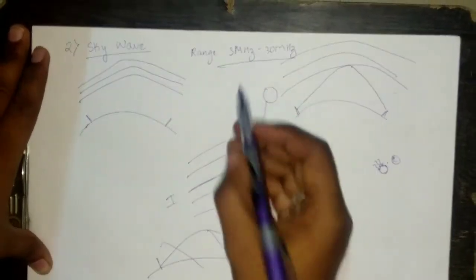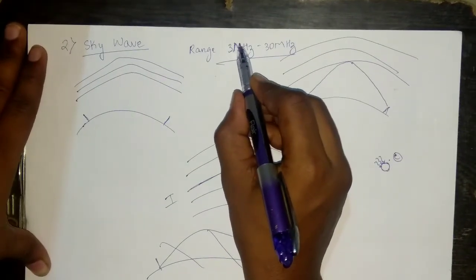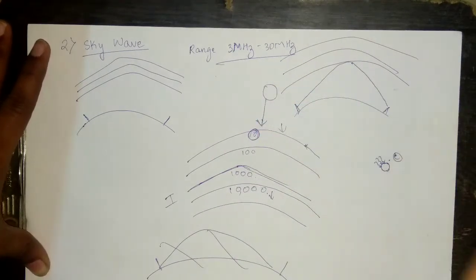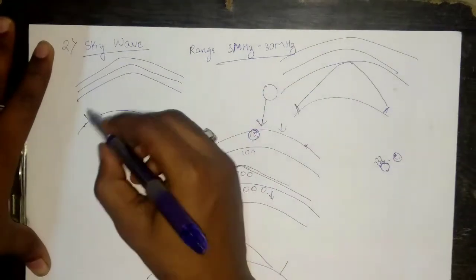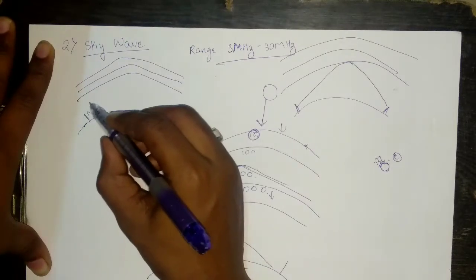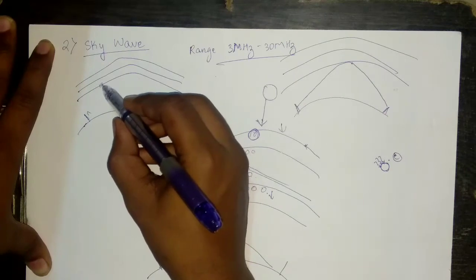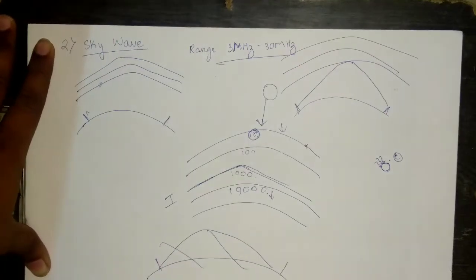Now if the frequency is less than 3 megahertz, what will happen? The waves will move but will be absorbed by the initial layer of the ionosphere.